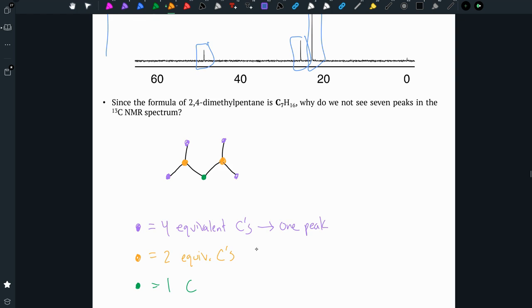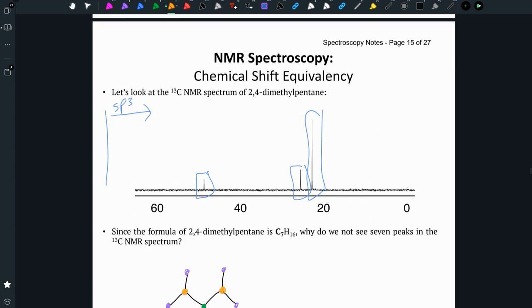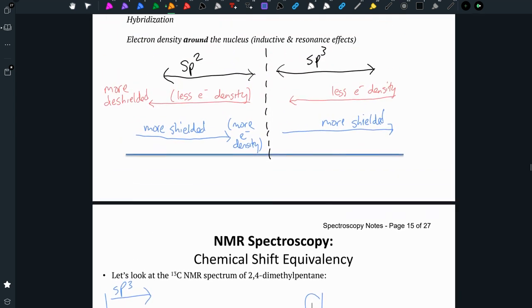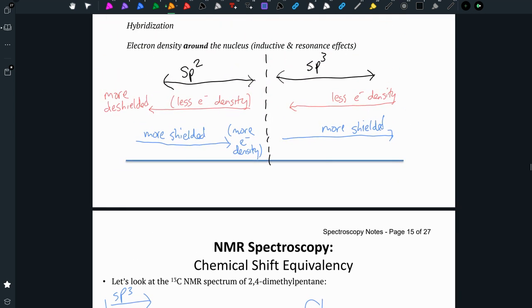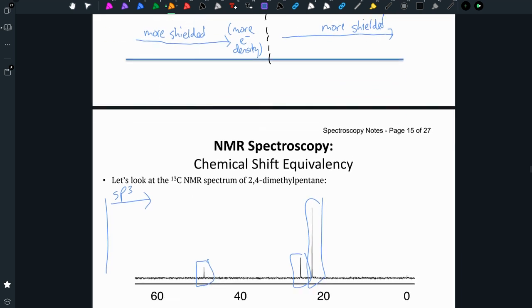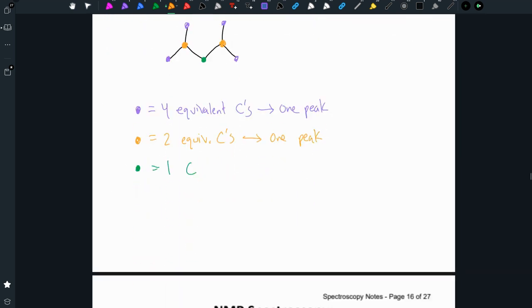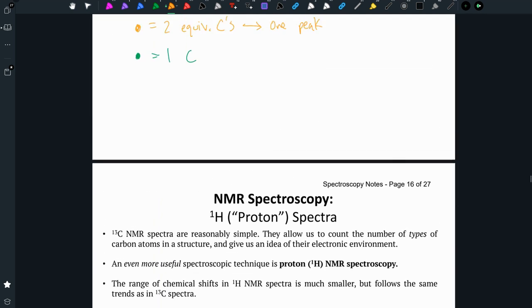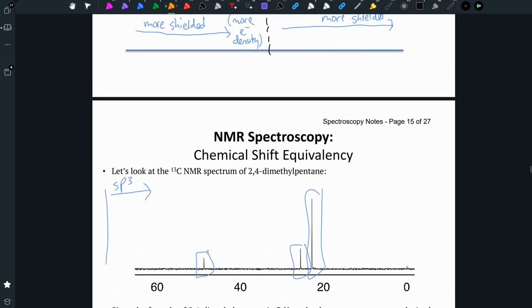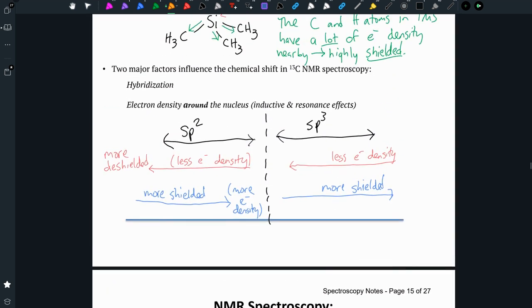The 2 equivalent carbons show up as 1 peak. So that's the first thing to note, is that when you have chemically equivalent atoms, they don't show up separately in an NMR spectrum. But if you look at this spectrum, you can see, okay, I've got 3 different kinds of carbon atoms that have different chemical environments. That's essentially the only information that I would get out of a carbon-13 NMR spectrum.